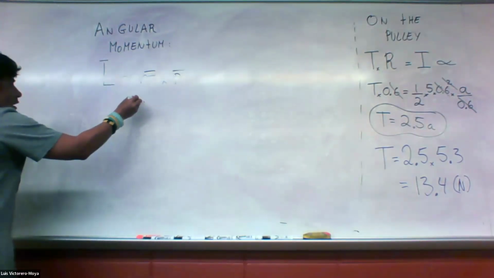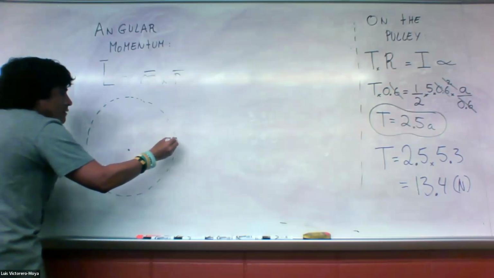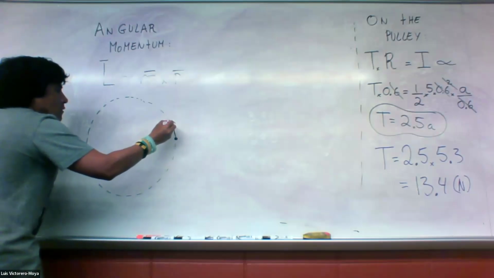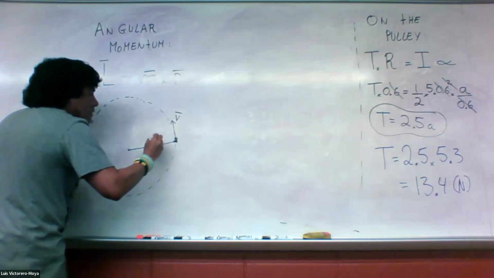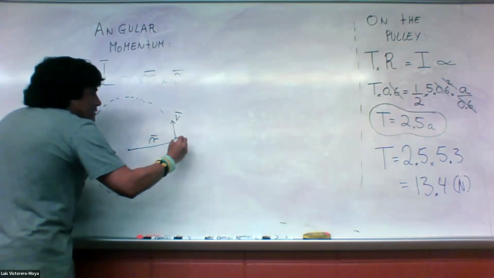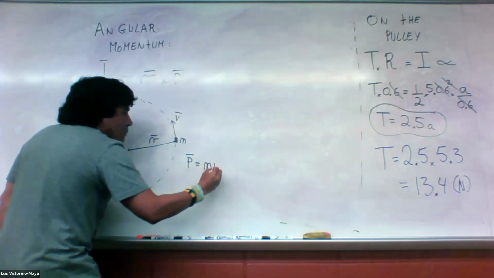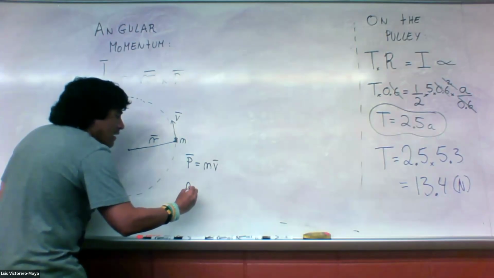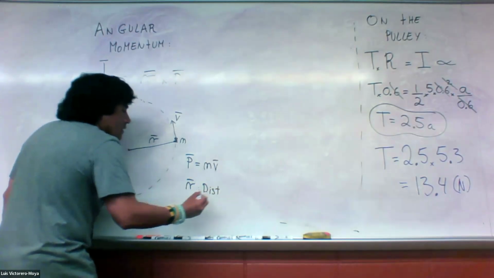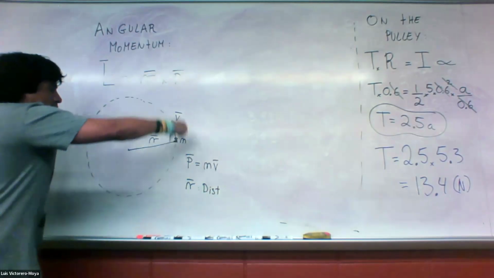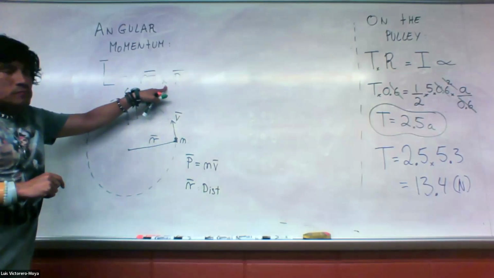So basically, if you have a mass rotating with some velocity, some distance r. Mass, p, as you remember, is your linear momentum. r is the distance. So for an object in circular motion, this is a mathematical definition. That's the cross product.